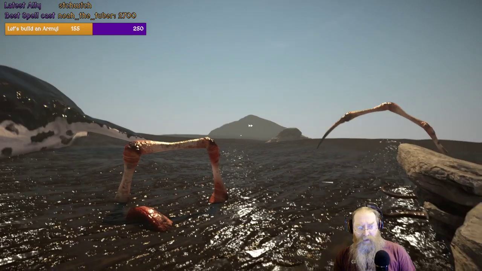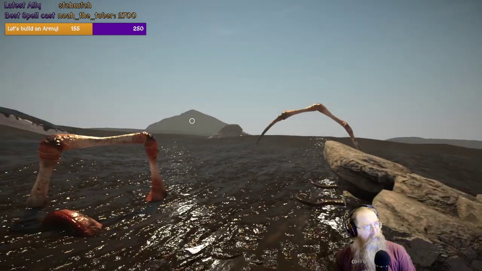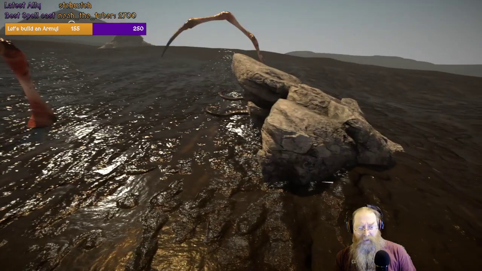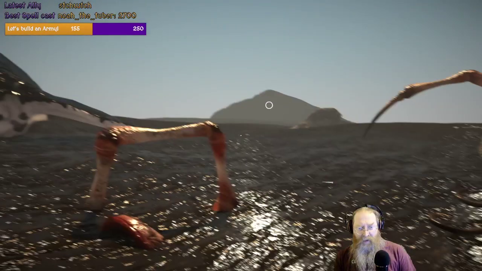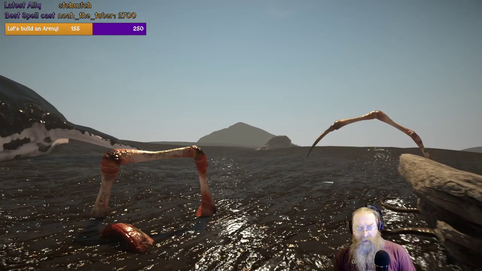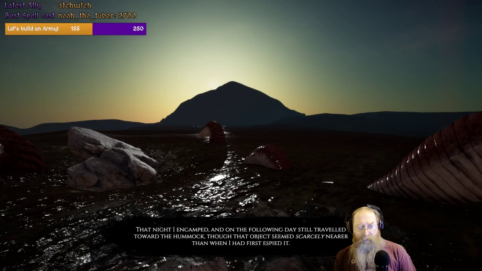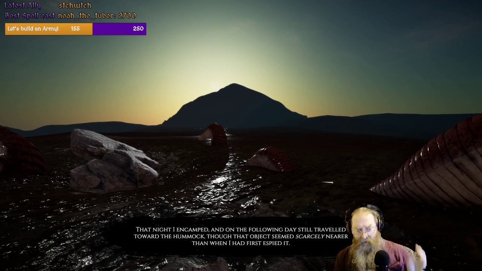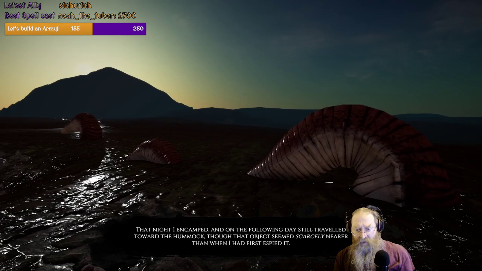Let's change that down a little. Should make the processor have a slightly better day. There's nothing to examine here, but I really thought there should be. That night, I encamped, and on the following day still travelled toward the hummock, though that object seemed scarcely nearer than when I had first espied it.